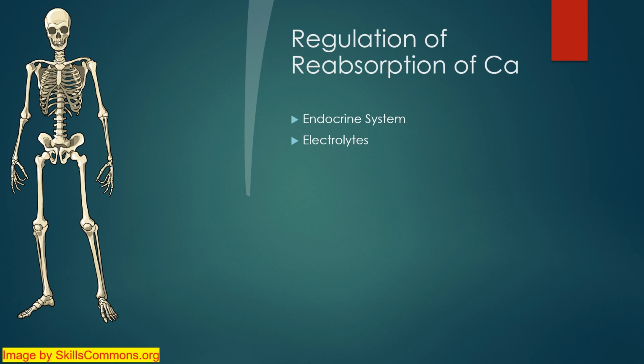Well, if your calcium's too low, we're going to suck it out, right? And so we're trying to increase the calcium level in the blood, right? Well, I don't want to be breaking down my bones and just peeing out lots and lots of calcium. That's kind of crazy. So I'm going to hold on to as much calcium as I can from the pee so I don't have to break down as much bone, right?